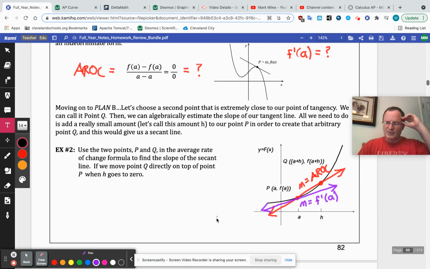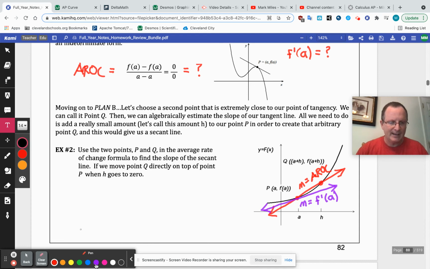So that's what we're going to do. It says use the 2 points there, and we're going to approximate the purple with the red, and you're like, well, that's not right. It's not the exact same thing. That's true. We'll work on that as we move through this lesson. So here we go. I'll go ahead and say red, since red is really what we're talking about.